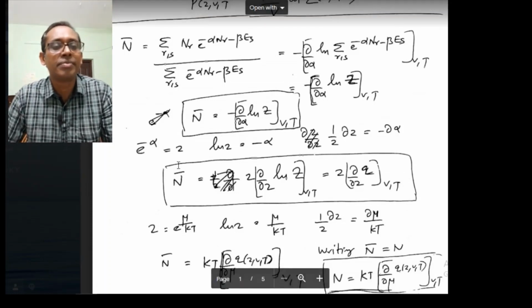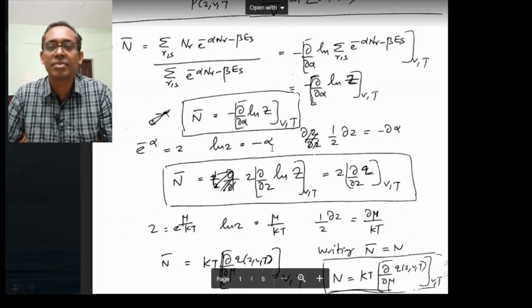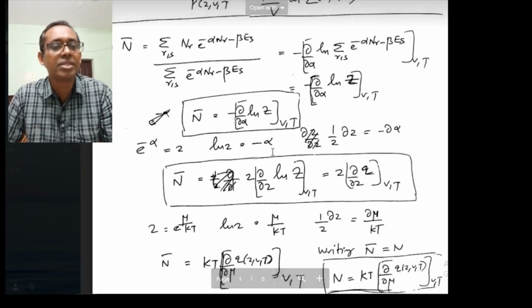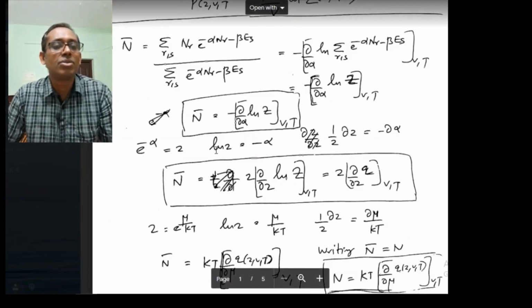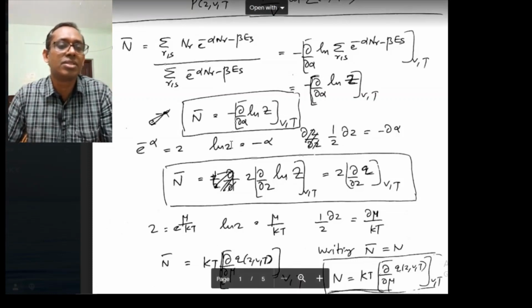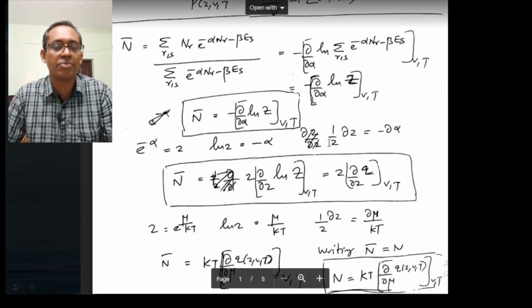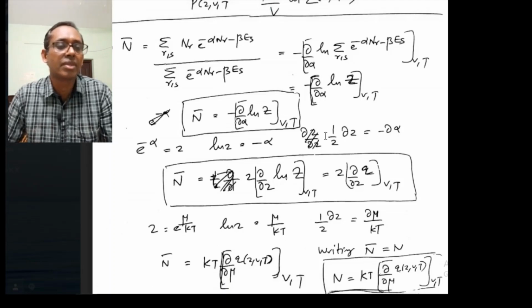Then we know fugacity is e to the power minus alpha, so log z will be minus alpha. So if I take the differential, since this is log z, it will be 1 by z dou z, that is equal to minus dou alpha. So for minus dou alpha, I can write 1 by z dou z.